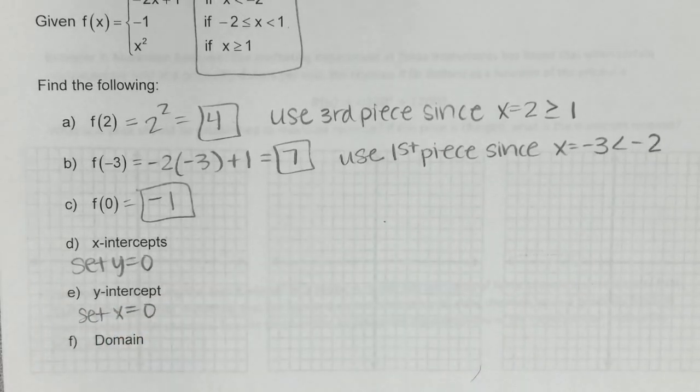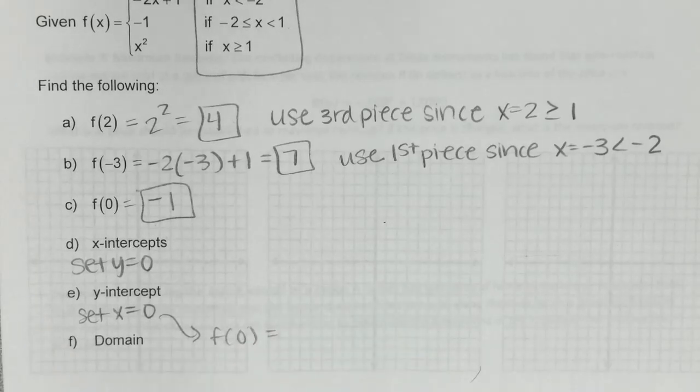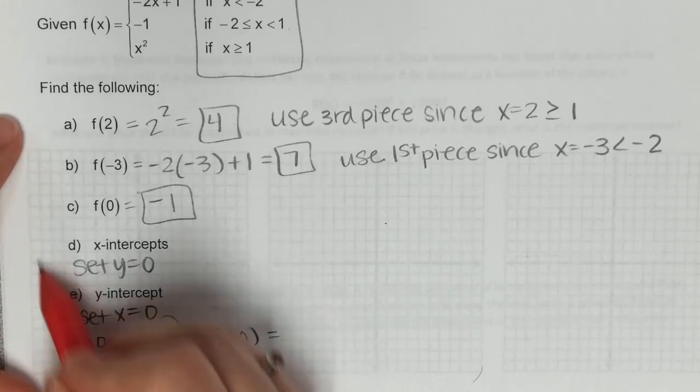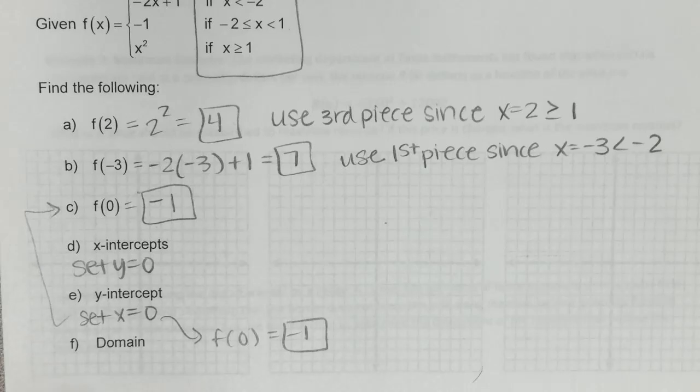In other words, you find f of 0. Okay, let's do this one first. f of 0. We already calculated it. It's -1. Great. You can only have one y-intercept. If you have more than one, it is not a function.